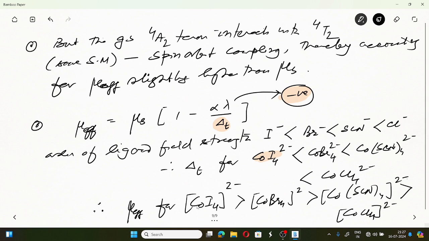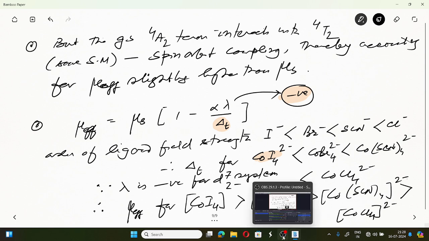So this is how we have to answer this question. বুঝতে পেরেছো? সিন্স ল্যামডা ইজ নেগেটিভ ফর D7 সিস্টেম, এই কথাটা লিখে দিলে therefore এটা। So these are some very common questions often asked in your exams.